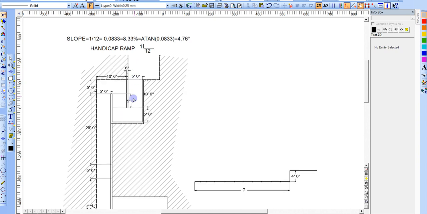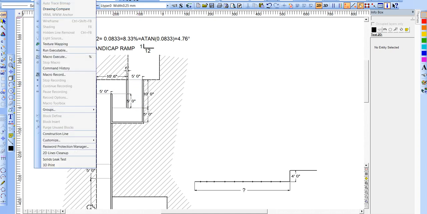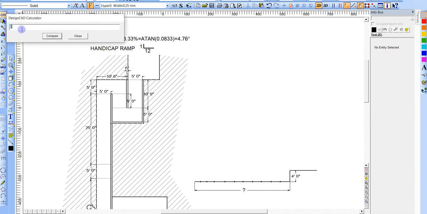Here we're going to go the landing. We know this is 4 feet total, but since these are constrained, it's going to give you a specific elevation difference. So you go tools, calculator. So we have 10 feet, 10 times, and then I'm just going to say 1 divided by 12 in parentheses, right?